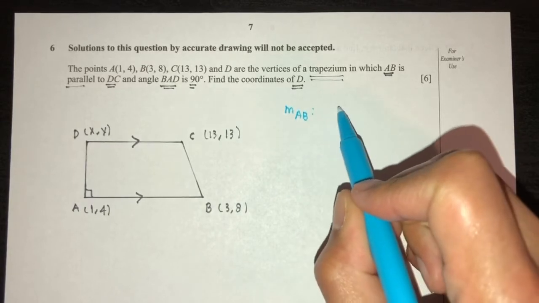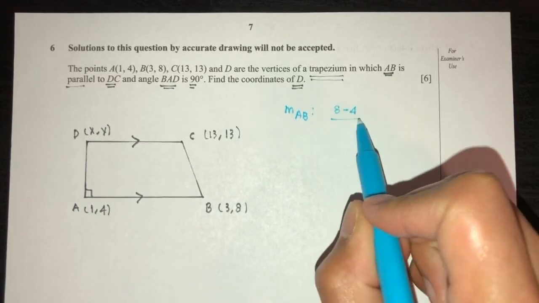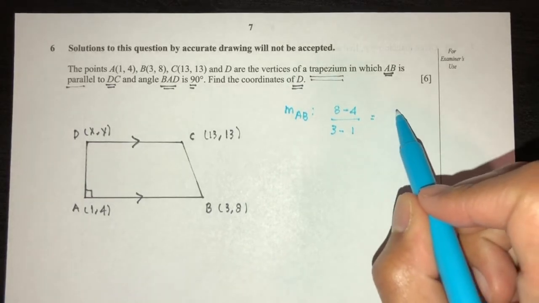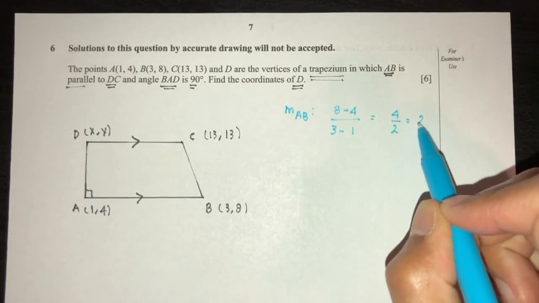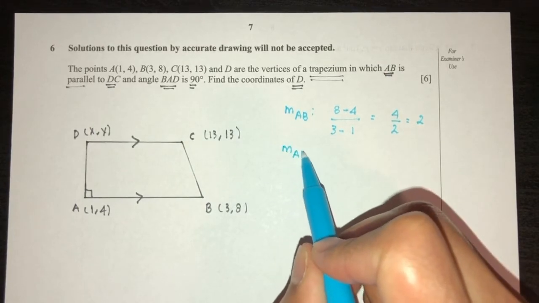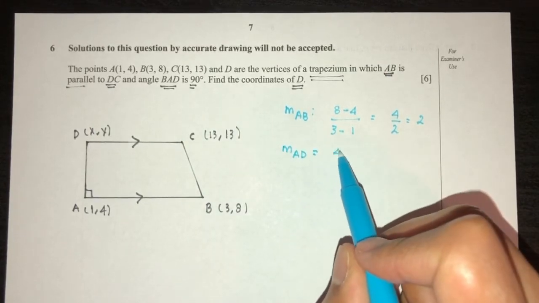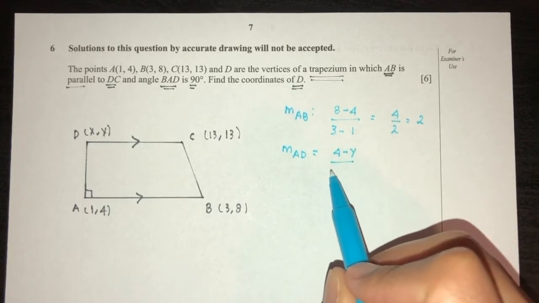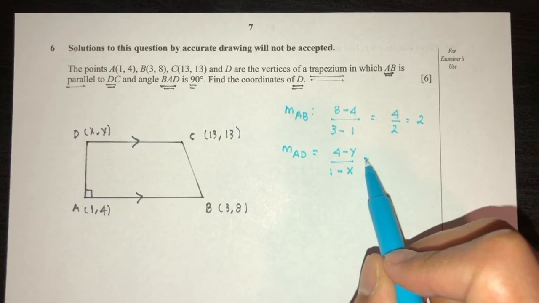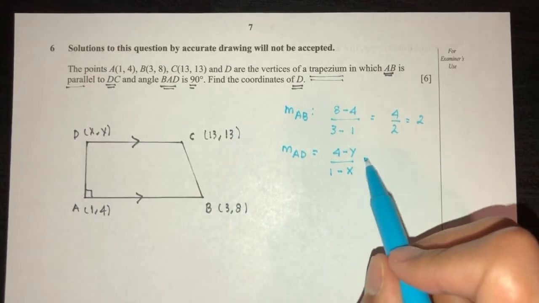You will have y2 minus y1 over x2 minus x1. You will have 4 over 2, that will become 2. Now we can find the gradient of AD, that will be 4 minus y over 1 minus x.